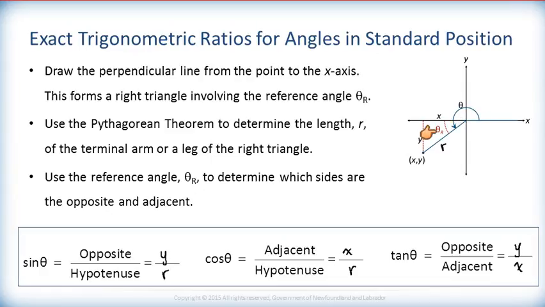Even though we use the reference angle to determine what's opposite, adjacent, and hypotenuse, those values, y over r for the sine, x over r for the cosine, and y over x for the tan value, are considered to be the trig ratios for theta, not for theta sub r.